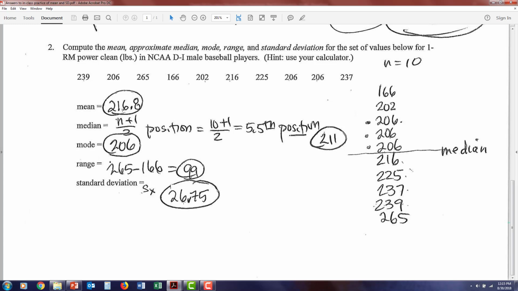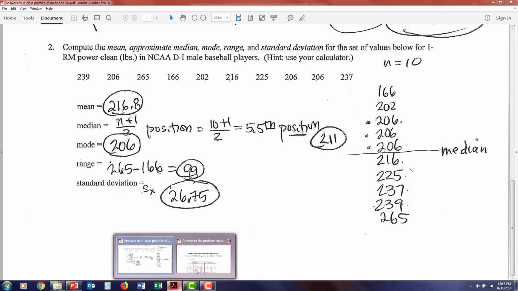You're not having to show your work in this problem. You then can go back and you can find the mode by listing all the scores and seeing that the most frequently occurring score in this distribution was 206. And you can find the position of the median by listing all scores, figuring out the position of the median by using this formula. So this is one of the extra credit assignments that you've been given.